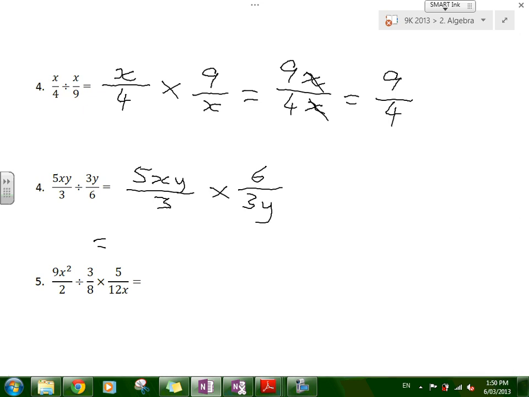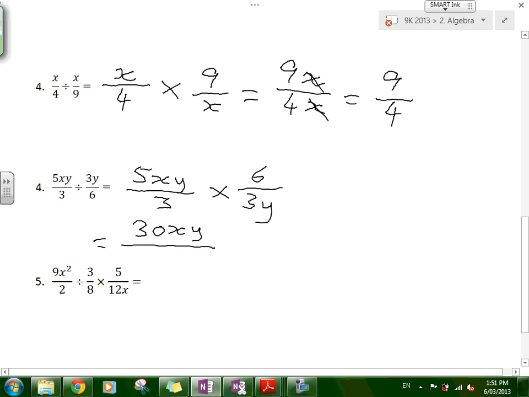Yeah, so top times together, it's got 30xy over, what's on the denominator, Brianna? What's the denominator for this one? So you've got 3 times 3y, 9y. Okay, so 9y. What cancels out? The y's cancel out. So we get 30x over 9.